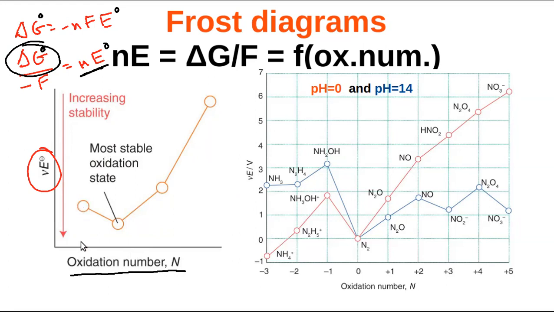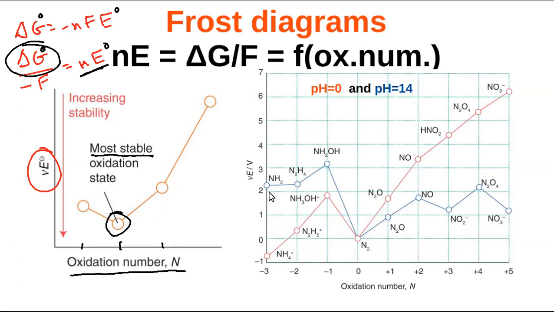The states are given in integer values as the oxidation number of the element. And the lowest lying point is the most stable oxidation state.